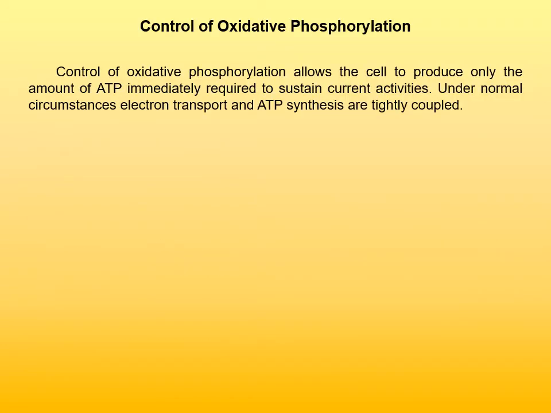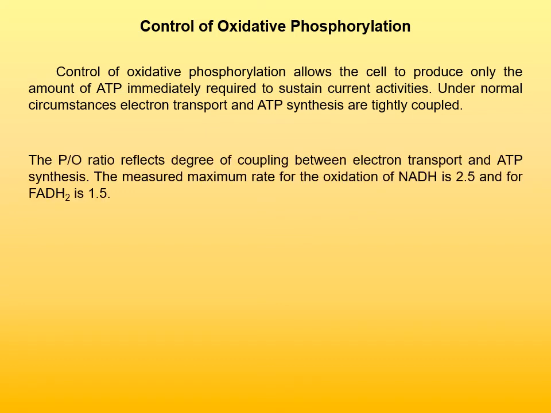Control of oxidative phosphorylation allows the cell to produce only the amount of ATP immediately required to sustain current activities. Under normal circumstances, electron transport and ATP synthesis are tightly coupled. The PO ratio, or phosphorus-oxygen ratio, reflects the degree of coupling between electron transport and ATP synthesis.